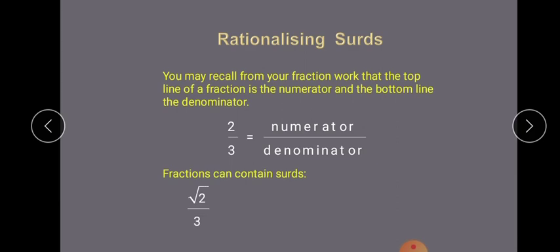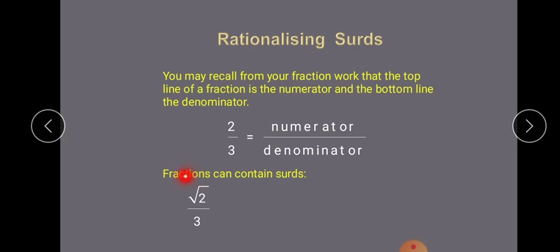Let us see one example. Root 2 by 3. We have to always see the denominator. If the denominator is a number, then the fraction is always treated as already rationalized.